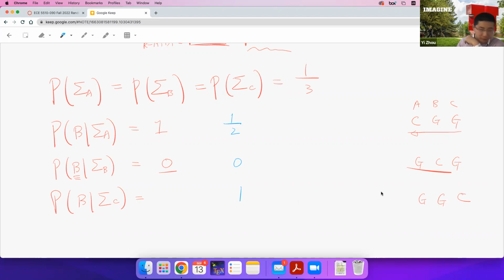The last one says the car is in C, but we're looking at the probability that the host reveals door B with a goat in it. I guess these two should be exchanged. This should be 1/2, and this should be 1. Let me think about this.